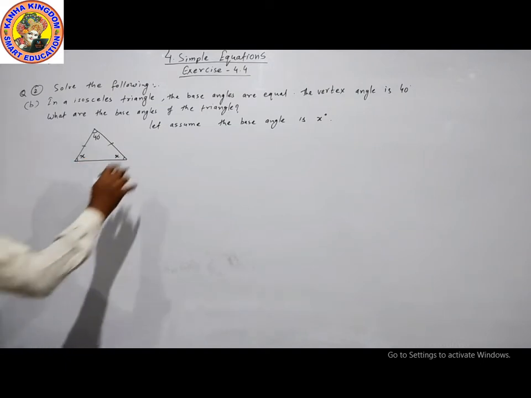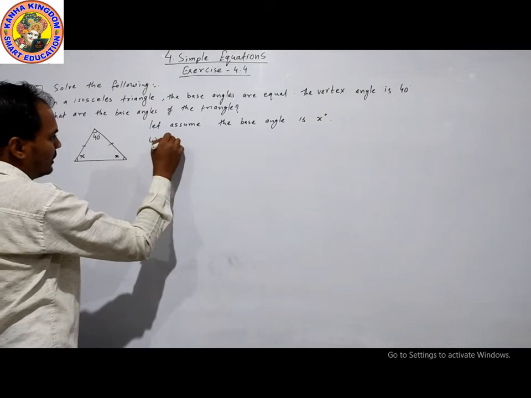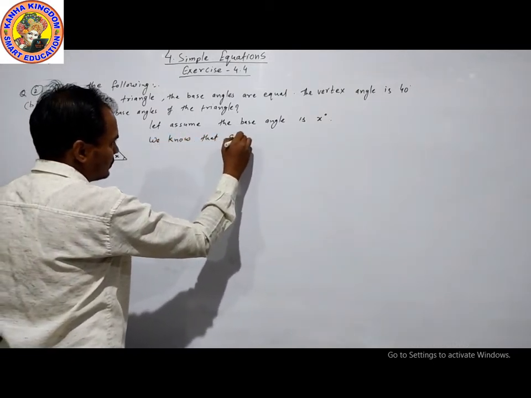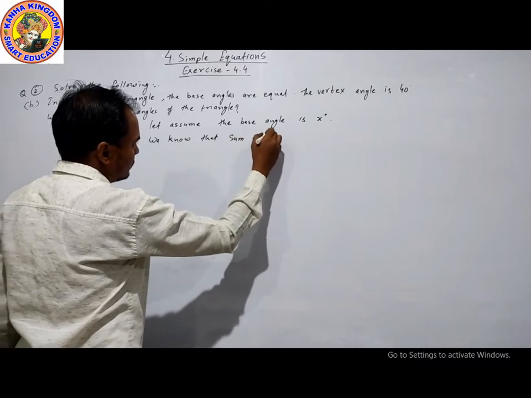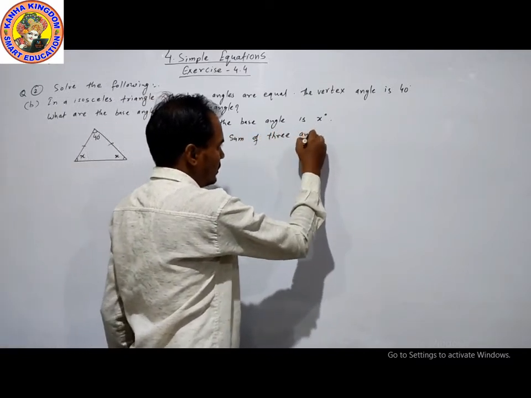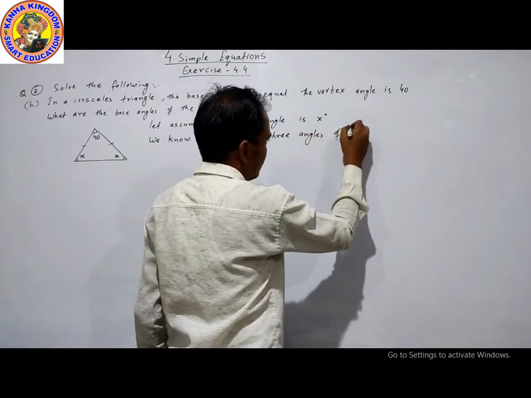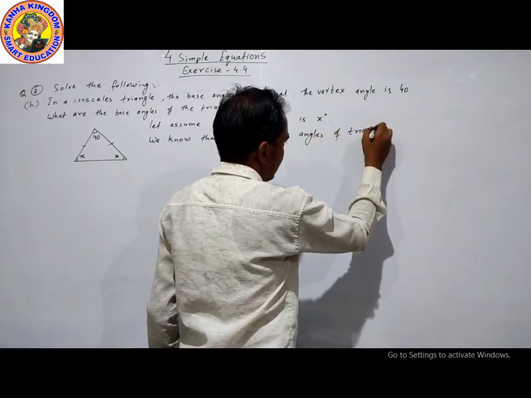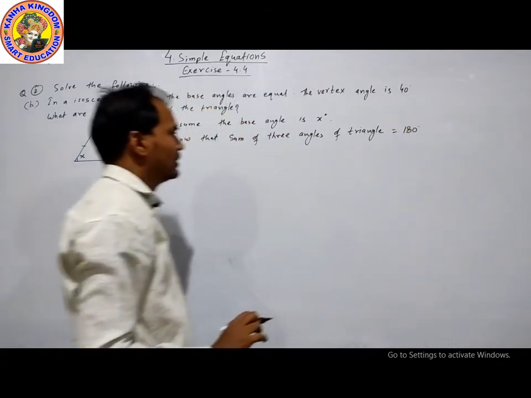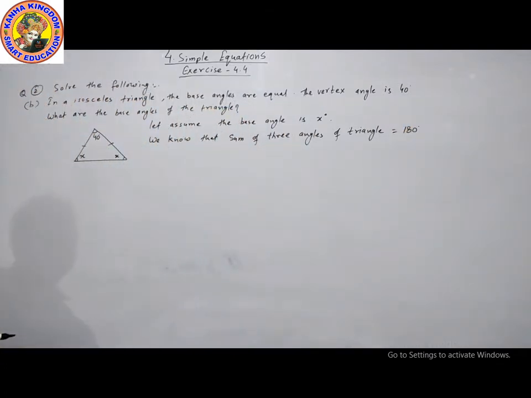Now we know that the sum of the three angles of a triangle is equal to 180 degrees. The sum of all three angles of a triangle is 180 degrees.